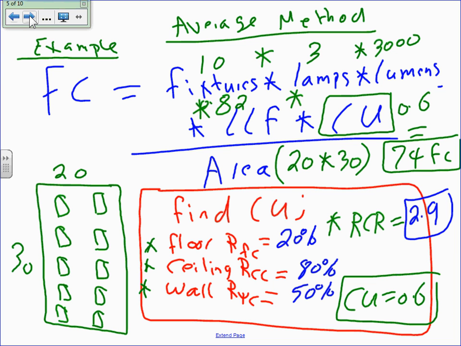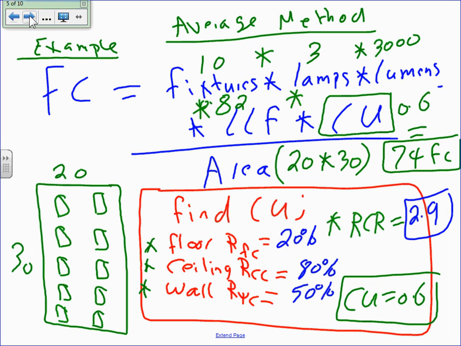Okay, take this. Everybody's looking at that page 84. Okay, the first thing, if you look at the top one, is called the floor RFC, the floor reflective factor.